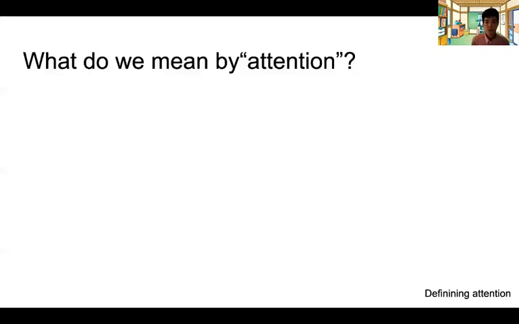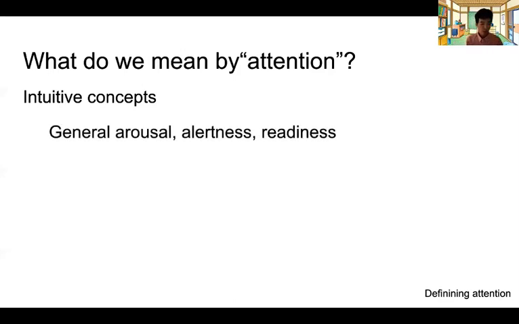All right, so let's start the first part. What do we mean by attention? So, starting with the definition of attention. Attention is obviously an everyday word, so many of you already have a grasp of it, and if you go to the dictionary, they give some definition. Intuitively speaking, it contains at least 3 components.